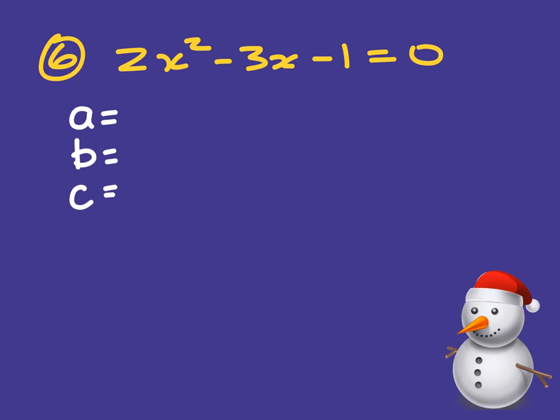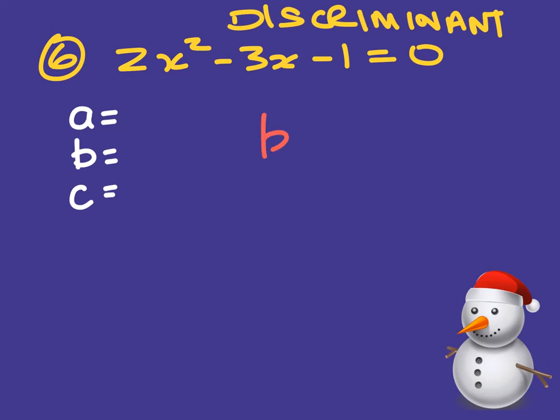Okay, the magic word in the question here is discriminant. Now discriminant is something you should know. The discriminant is the formula b squared minus 4ac, the little bit that's inside the square root.